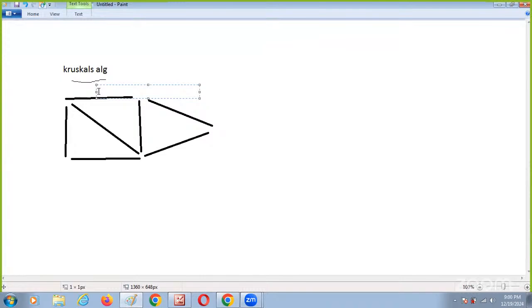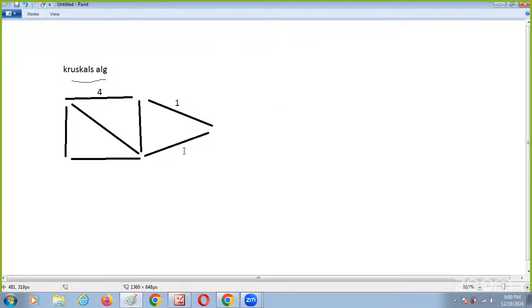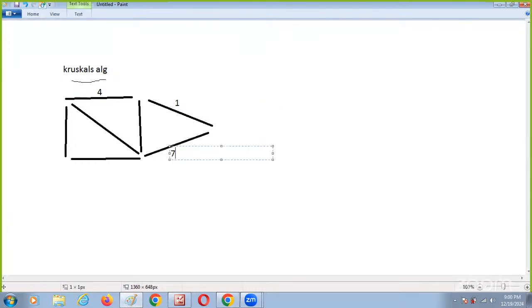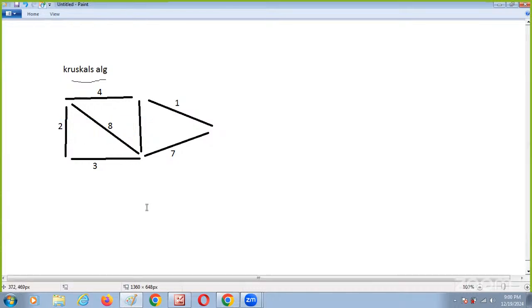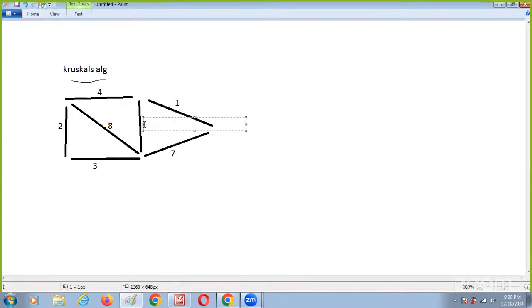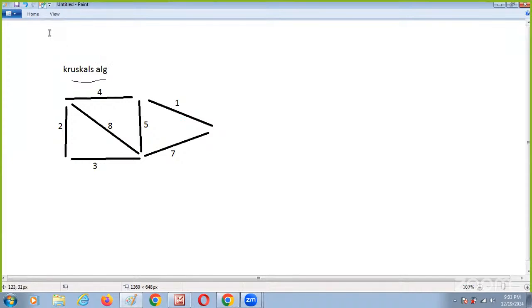Let me give you here 4, here 1, here 7, 8. So now this is a given weighted graph. For this we'll give some weights. So these are the weights.